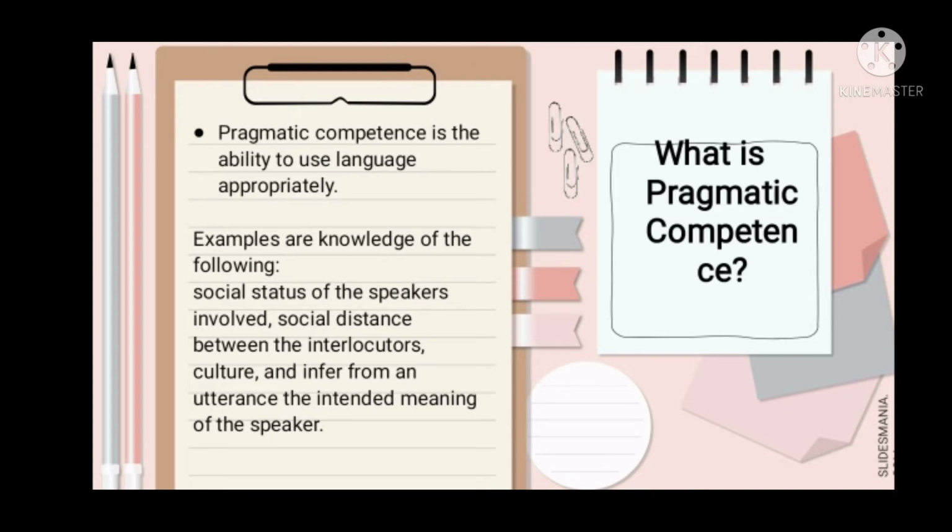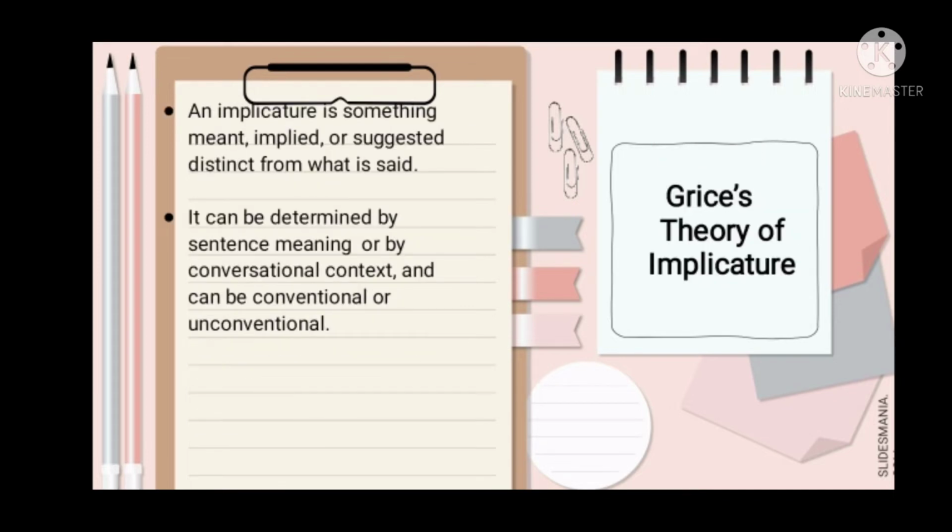In pragmatics, there is the so-called Grice's theory of implicature. This theory was coined by Paul Herbert Grice, a British scholar. An implicature is something meant, implied, or suggested distinct from what is said. This is something that is inferred from the utterance.